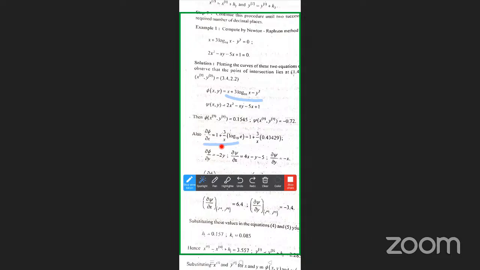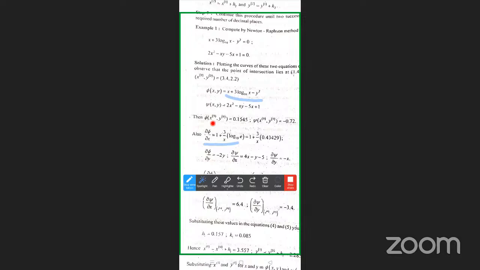Here y square differentiation is 0, because we are doing differentiation with respect to x, so y is constant. At x naught equal to 0.4, we get 1 plus 3 by 0.4 times log base e of 10, which is 0.43. So this is the dou phi by dou x at x naught.